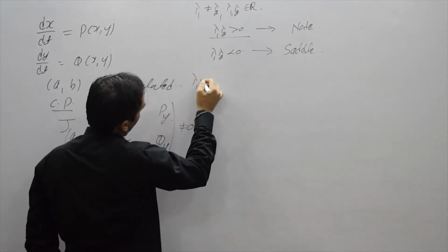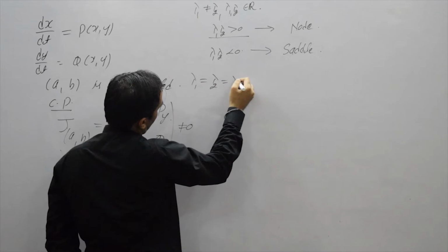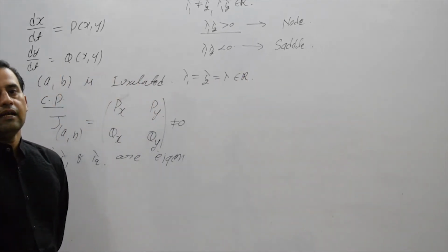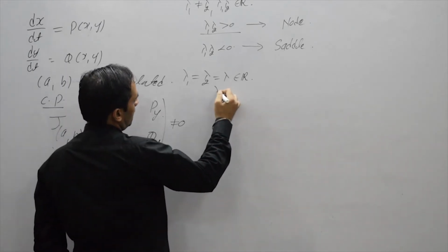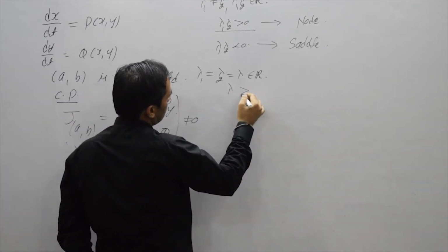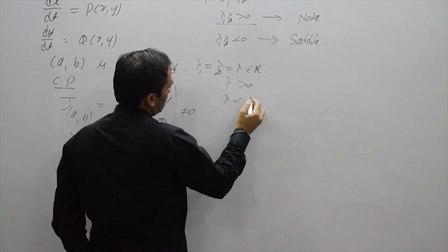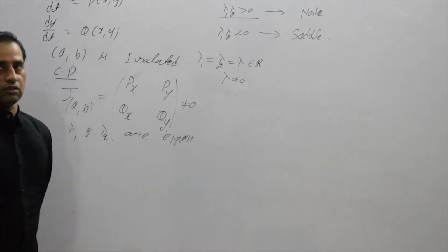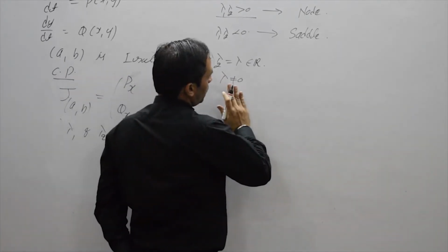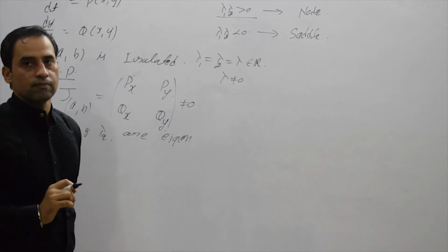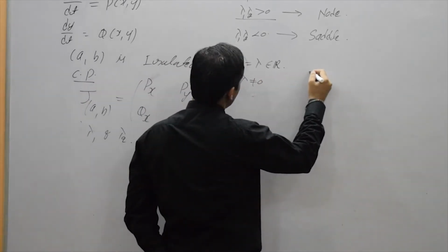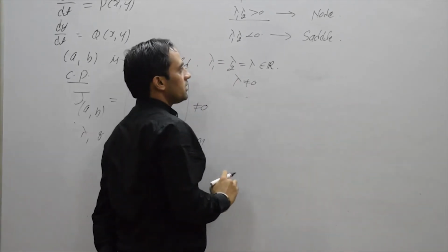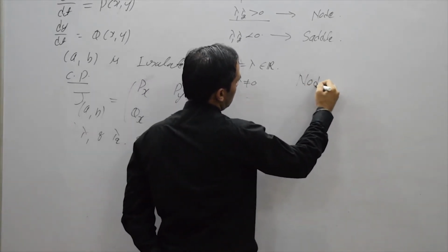The second situation is whenever lambda 1 equals lambda 2 equals lambda, which belongs to R, that is, the roots are real and repeated. Lambda is either greater than 0 or less than 0, definitely non-zero since the determinant is non-zero. Then the critical point of the linear system is a node.